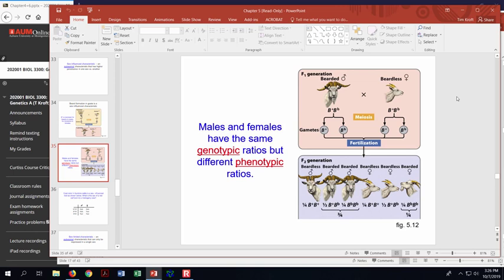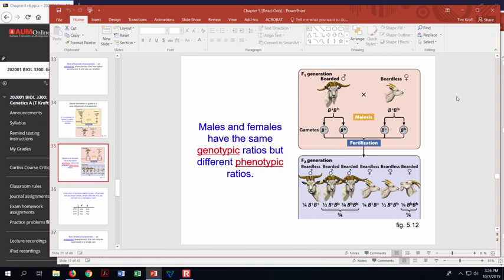At the very basic level, sex influence just means a trait or characteristic is dominant in one sex and recessive in the other one. And it's due to the different hormones, right? More testosterone in the male means that you only have to have one B allele to be bearded, whereas in the female you need two. So if you have a cross of two heterozygotes like this, you're going to get a 1 to 2 to 1 genotype ratio, same as it always is.